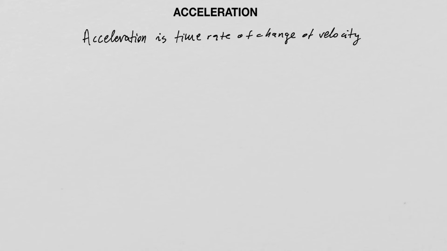So if I want to write this as a relationship, that would look like so. Acceleration is equal to change in velocity divided by elapsed time.